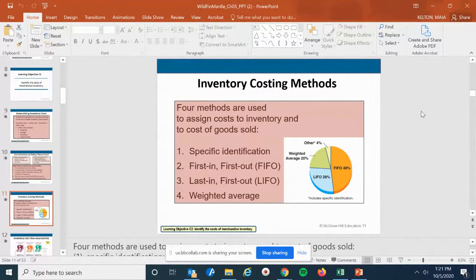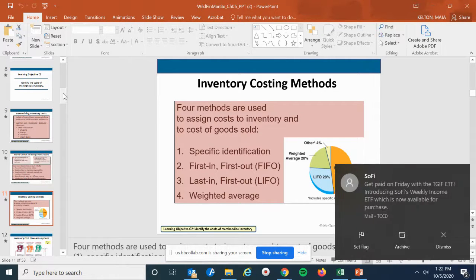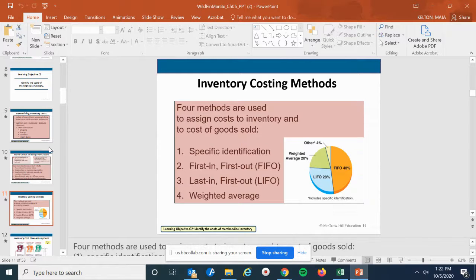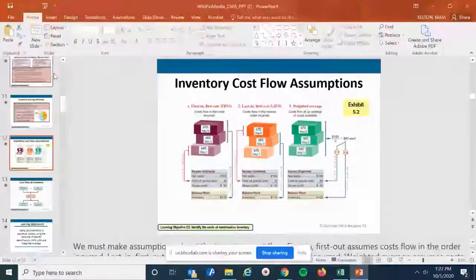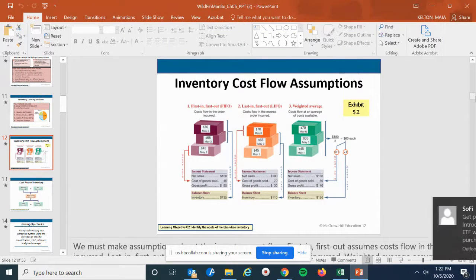We just make an assumption from a costing perspective that the company sells the most currently purchased units. And then the weighted average, about 20% of US companies use that. The weighted average is really simple to use. That's probably the biggest reason why companies do it. And it smooths out pricing differences. So we will be looking at first in, first out, last in, first out, and weighted average.